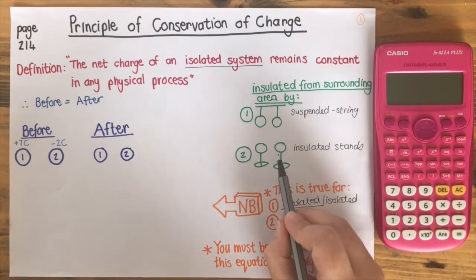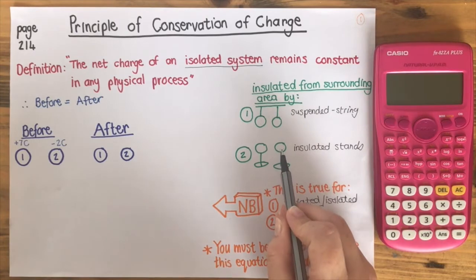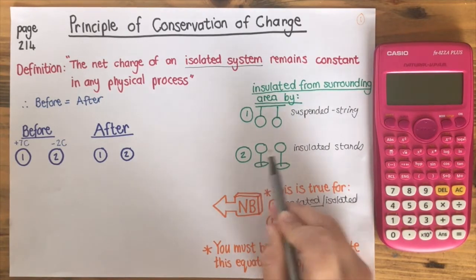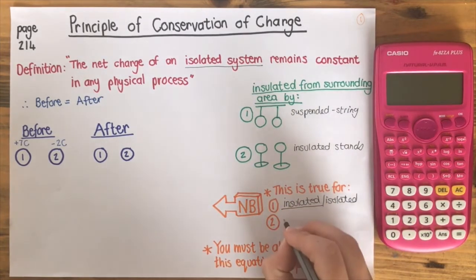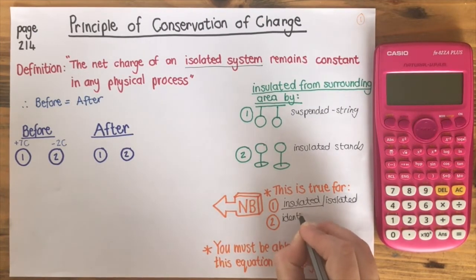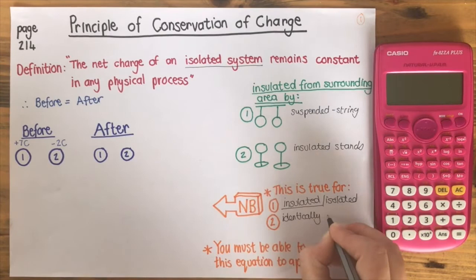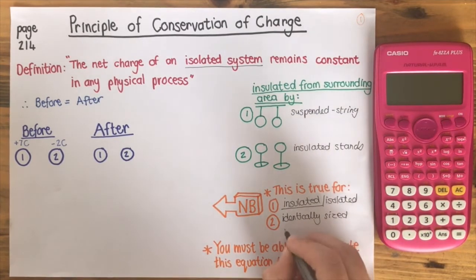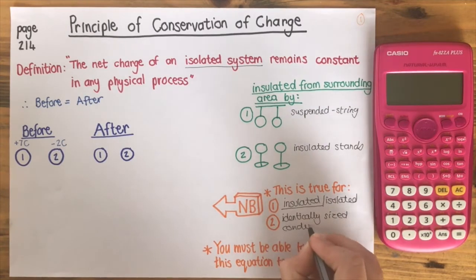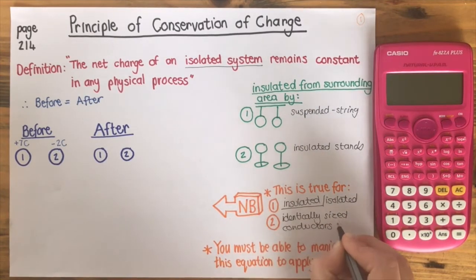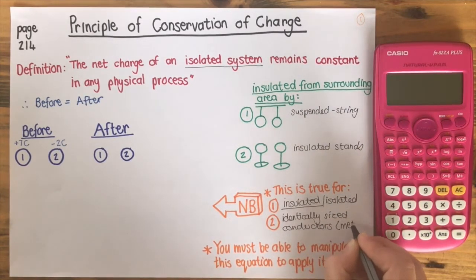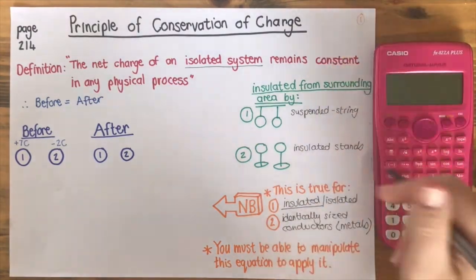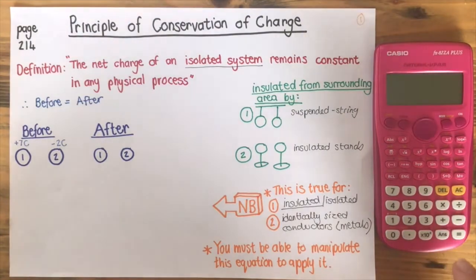And these spheres also have to be identically sized and they must be conductors. So you will normally use metals. So identically sized and conductors, which means that the spheres that are normally used are metals because they allow the charge to move in and out of the sphere.